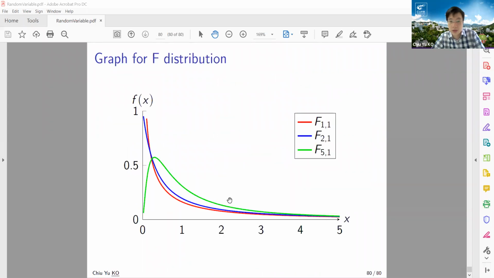Any question? This F looks like this. Usually depending on the inputs M and N, it looks either downward sloping or more like chi-square. And they are very useful.